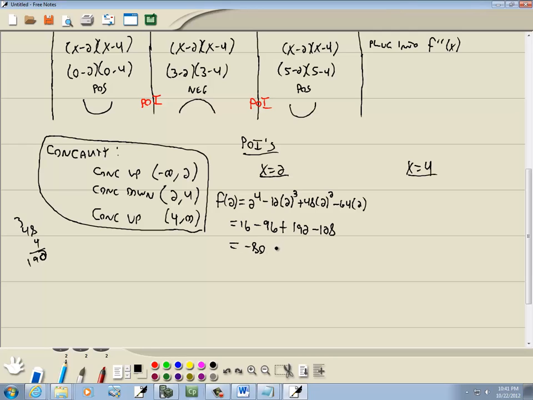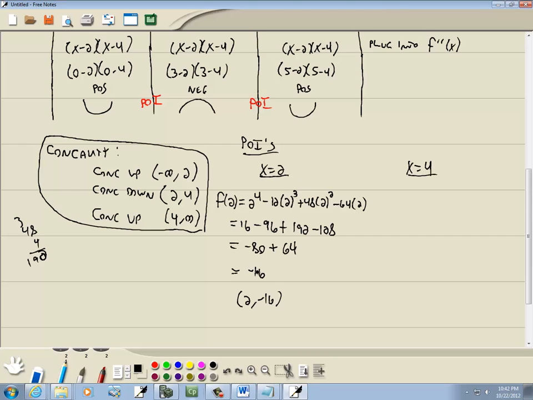And this is assuming I don't screw this up. I should plug in my calculator, but that's 64. Sixty-two, 64, yeah. And that gives us negative 16. Yeah, negative 16. So that would be 2, negative 16.